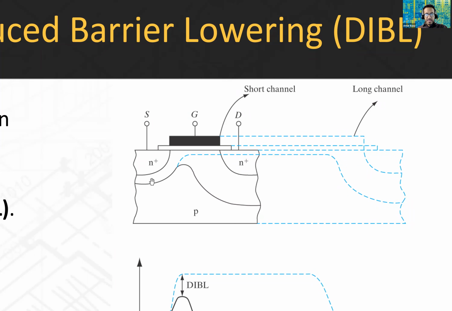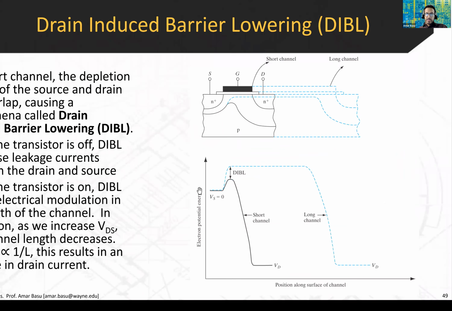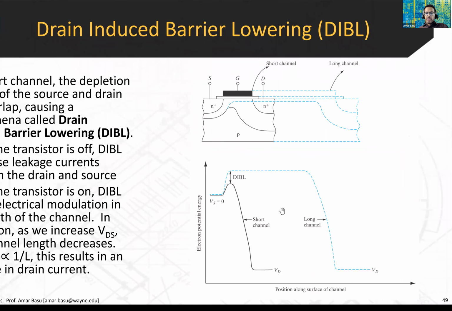So this is part of one depletion region, this is part of the other, and you can see here that they overlap. So what are the effects of that? The effect that happens is something called drain-induced barrier lowering.